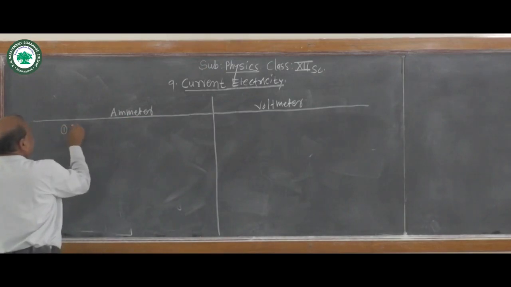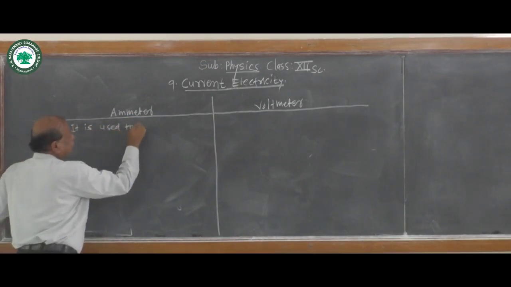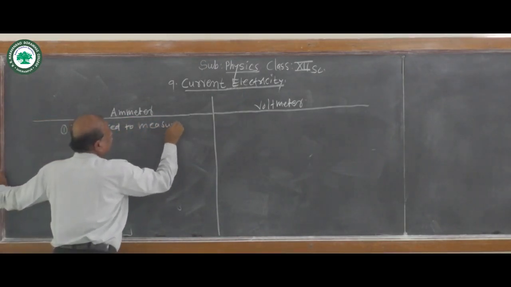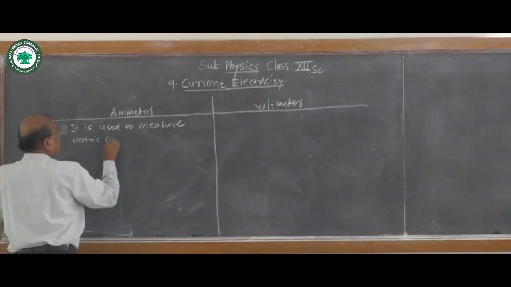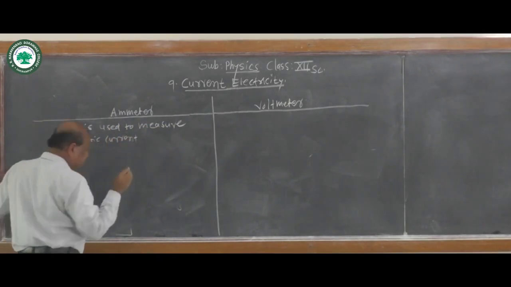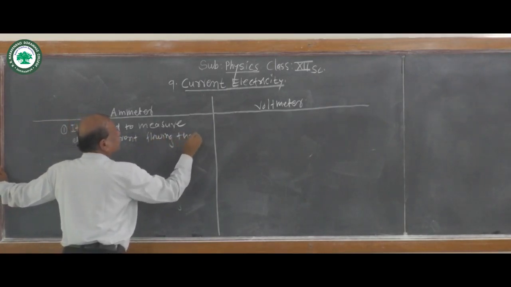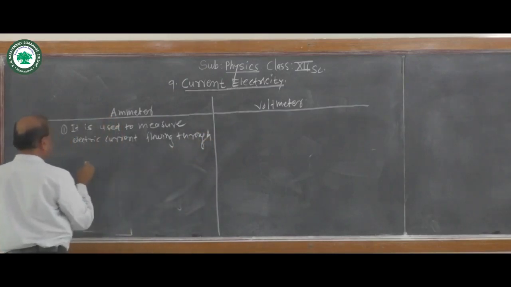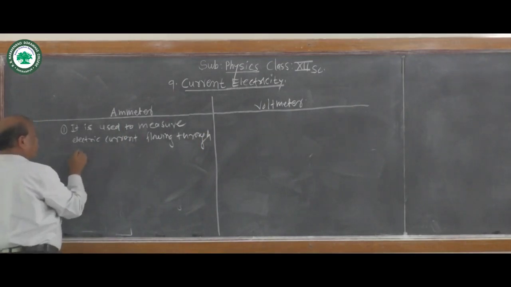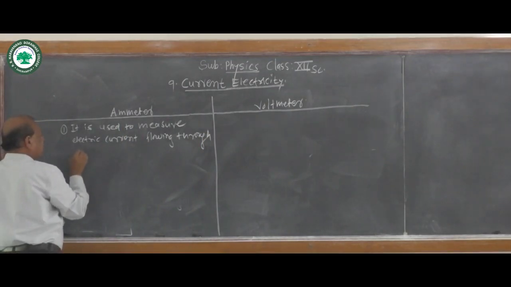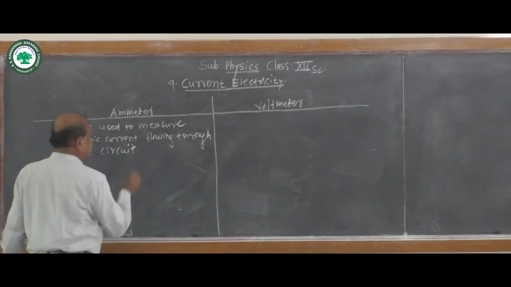Ammeter is used to measure the electric current flowing through the circuit, that is an electric circuit.